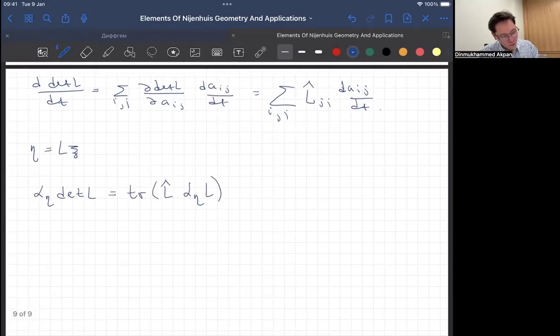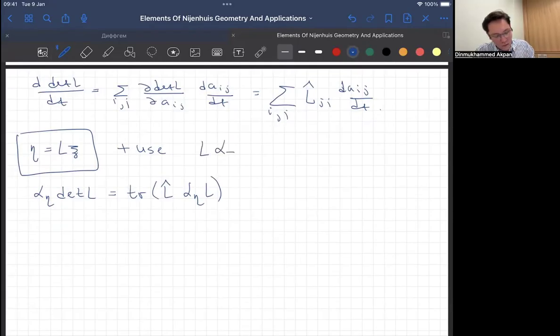If you repeat this and use that our operator is Nijenhuis, the condition that our operator is Nijenhuis is that the Lie derivative along L psi of L equals L times the Lie derivative of L along psi.